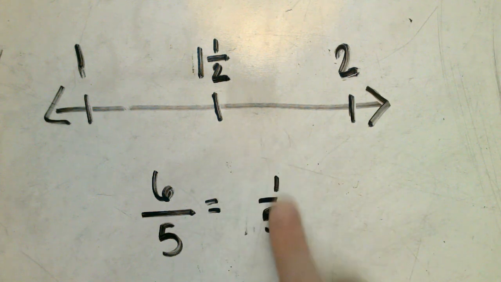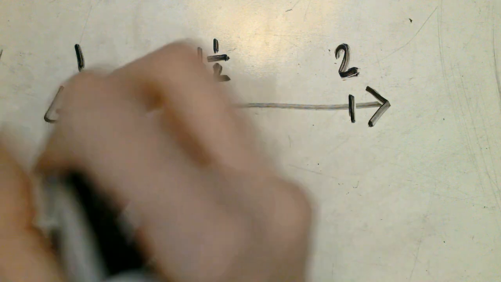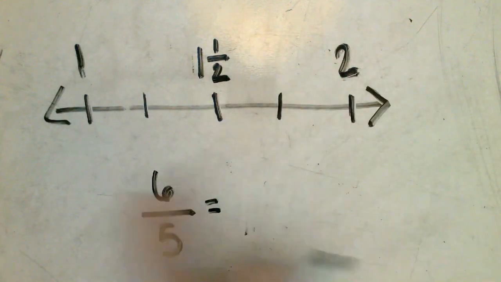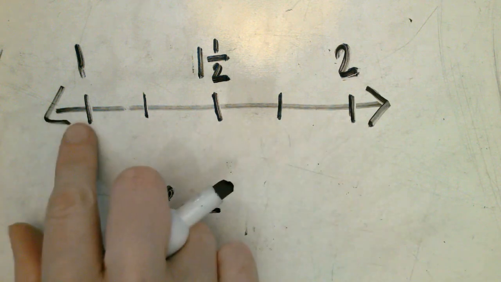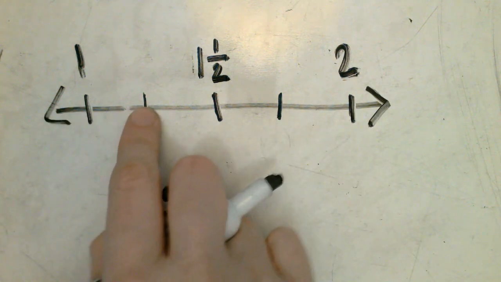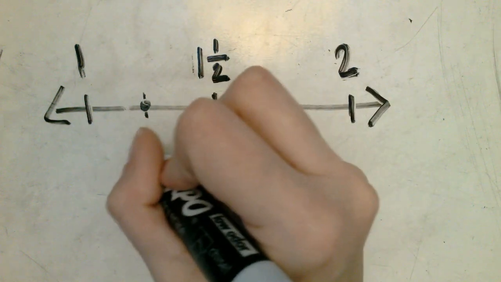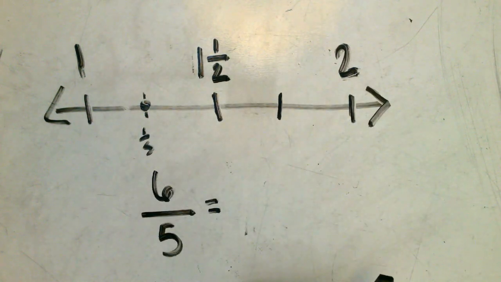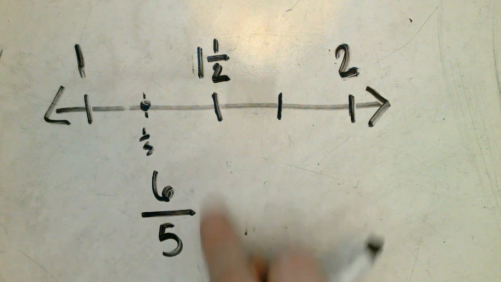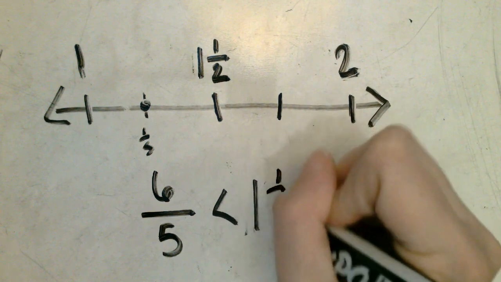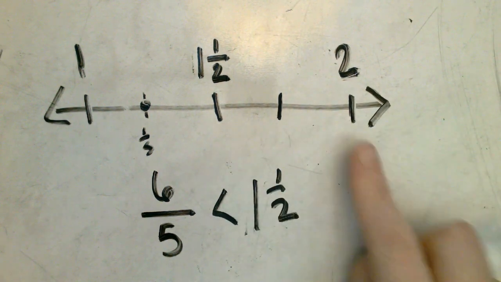No. We could also partition this by thinking if our number line continued and was split into 5 equal parts, we would come up to the 1 and only get 1 bounce over. This is where that 1/5 would be, that 1 and 1/5. So 6/5 is less than 1 and 1/2.